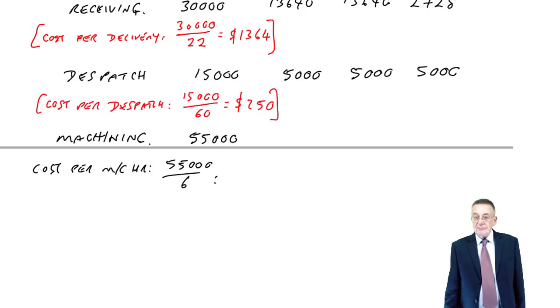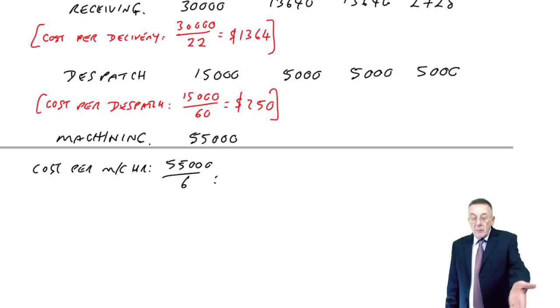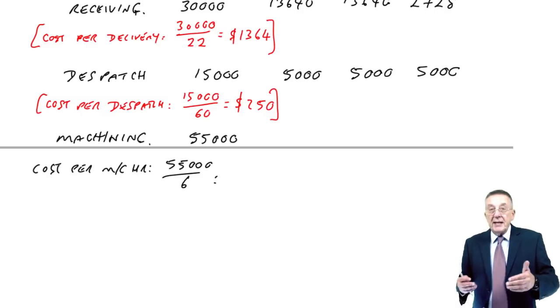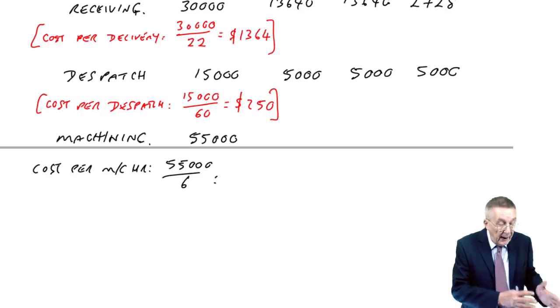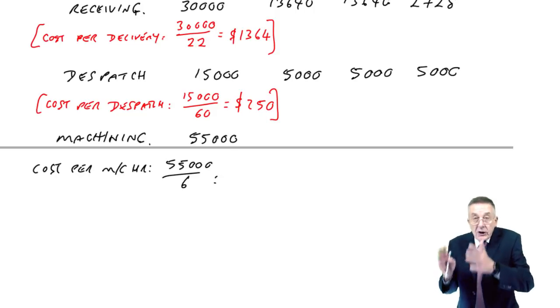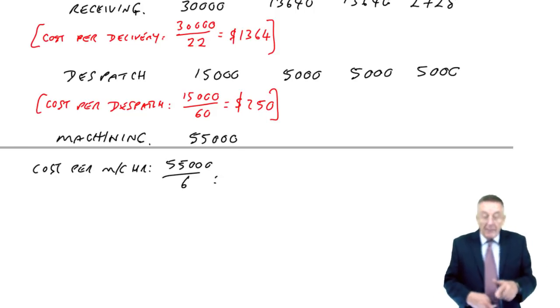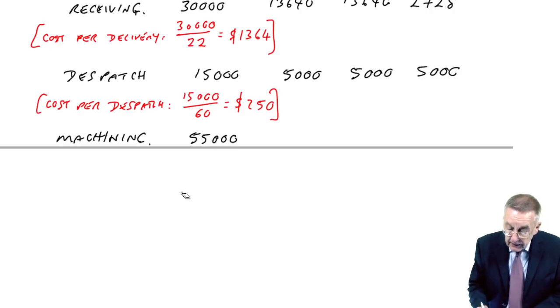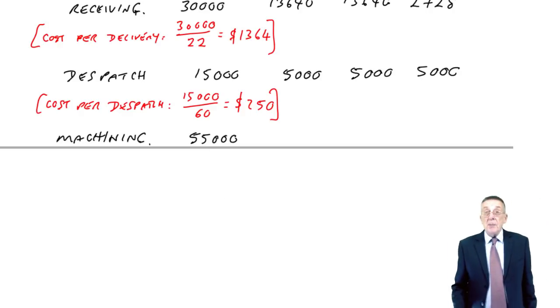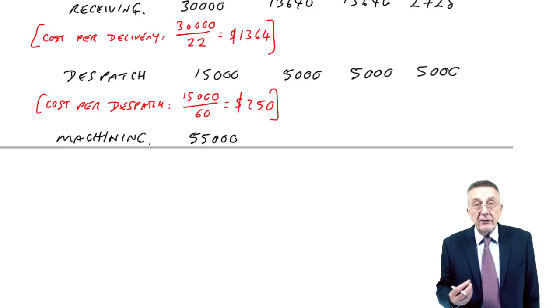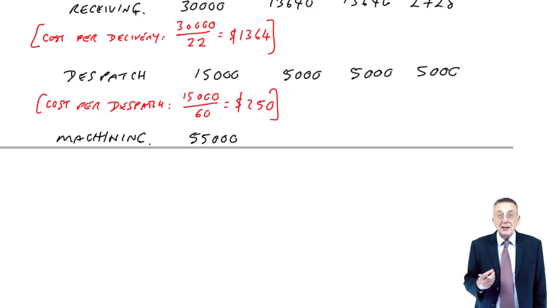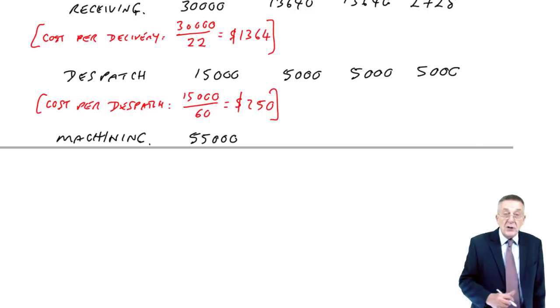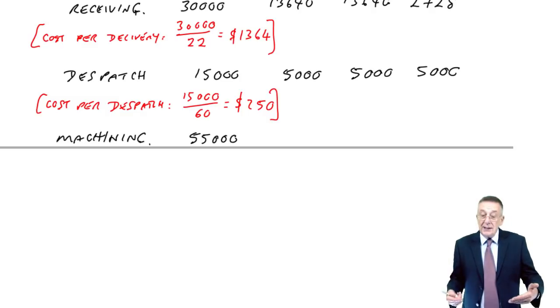Well, no. Don't forget with the previous ones, with dispatch, we did it on the total number of dispatches. Oh, the previous one, the total number of receipts. We are going to do it on machine hours, but we're going to have to do it based on the total number of machine hours for each product, not the machine hours just for one unit.